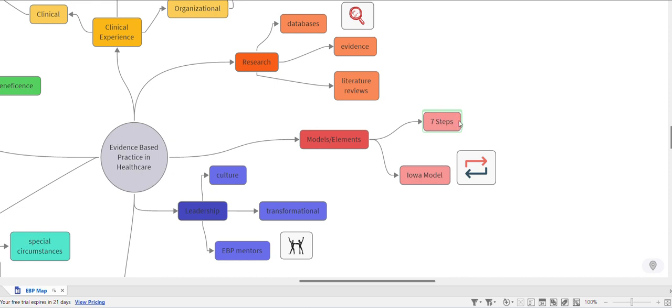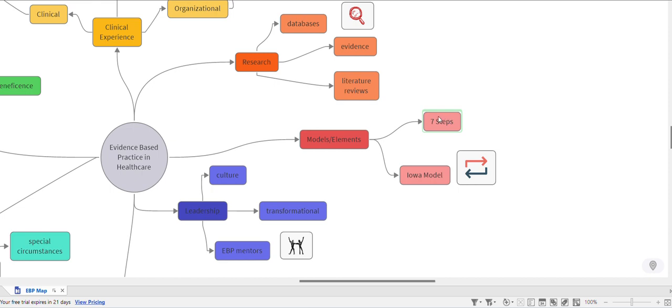The next step, step 2, is to search for the best evidence to help answer your question. Step 3 is where you will critically review the evidence gathered. You're looking for validity, reliability, and then step 4, you will integrate the evidence found with provider clinical expertise and patient and family preferences to make the best decision.